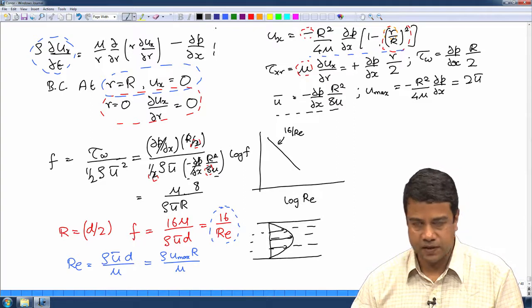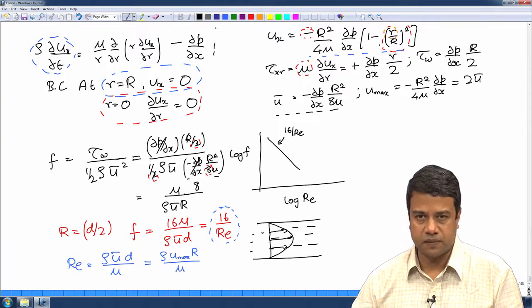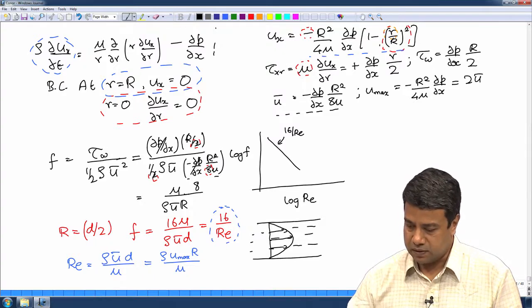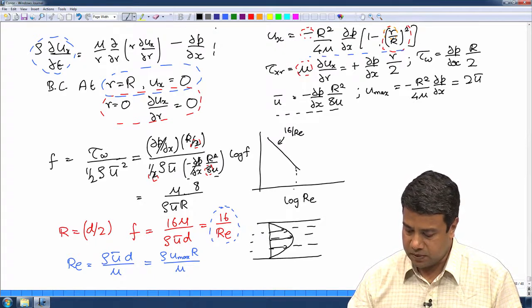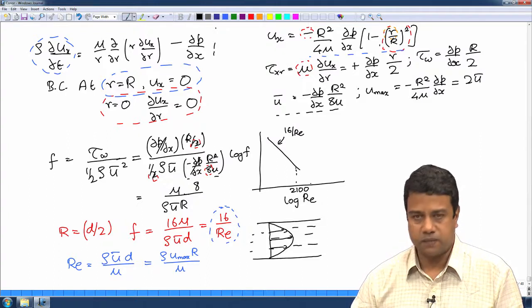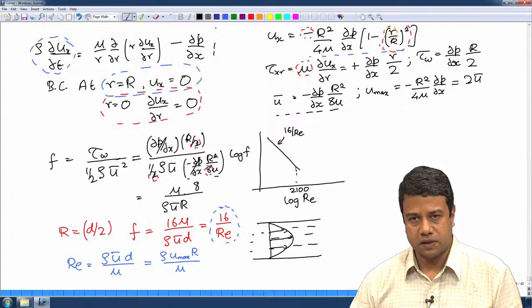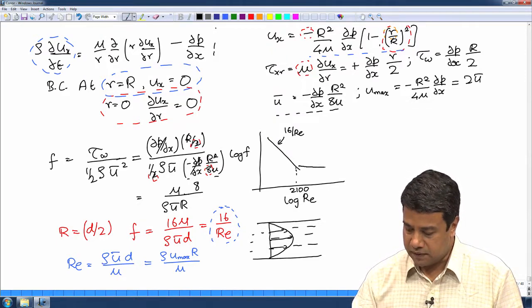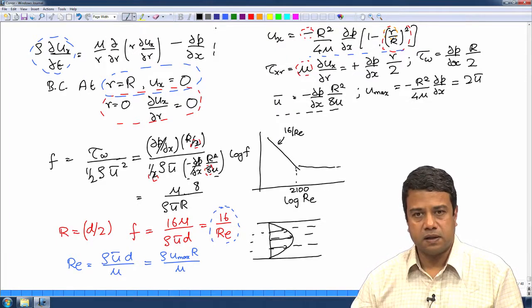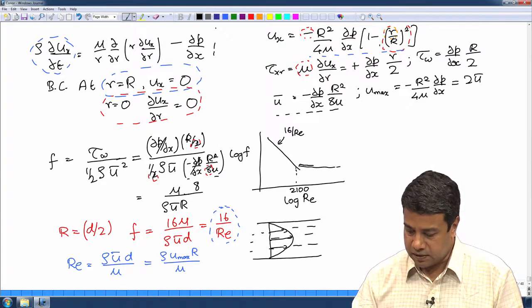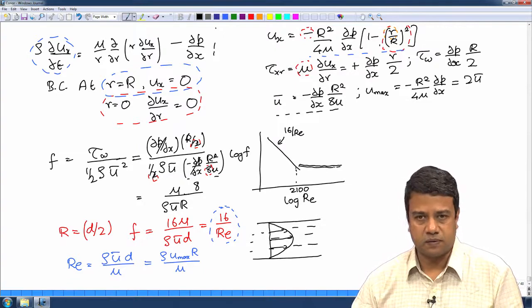So, this is the special case of a pipe flow for a laminar flow, and we know that for a laminar flow, up to a Reynolds number of about 2100, the flow in a pipe is laminar. At some point there is a transition to a turbulent flow, and at that point you get a different result for the friction factor as a function of Reynolds number, a result that could in general depend upon the roughness of the wall of the pipe.